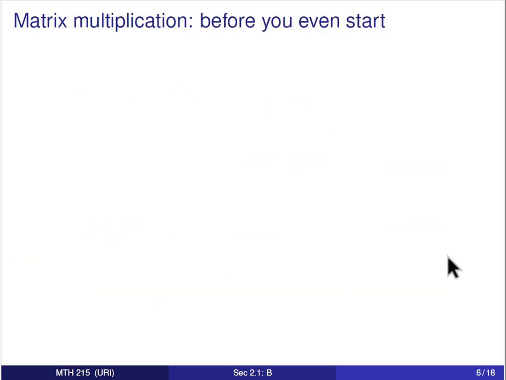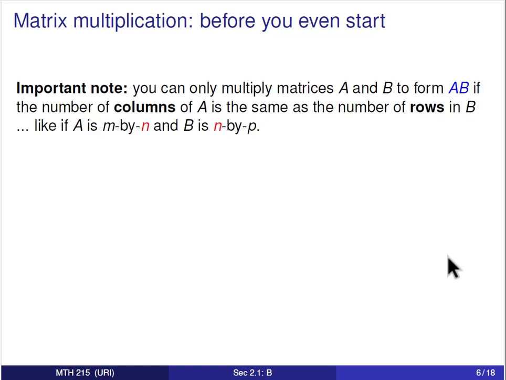Okay, now we're going to define matrix multiplication, but before we do, there's something we need to check before we even start. And this will remind you of the important note we saw before addition and subtraction. Remember that you cannot add or subtract matrices if the sizes don't match. There's a similar condition for matrix multiplication.